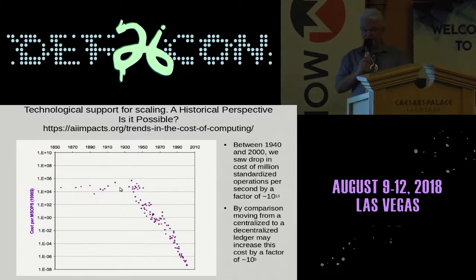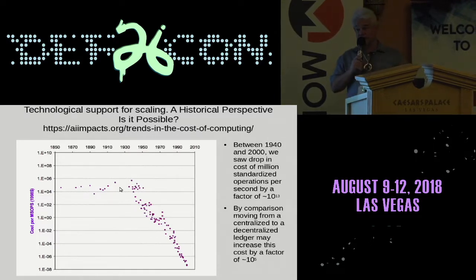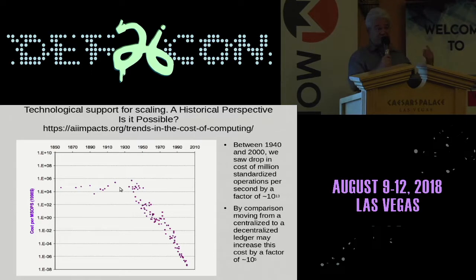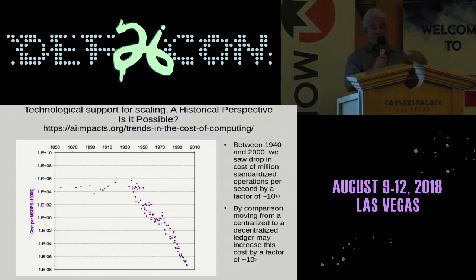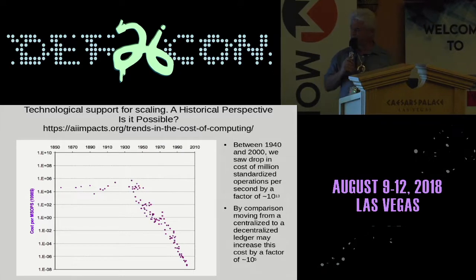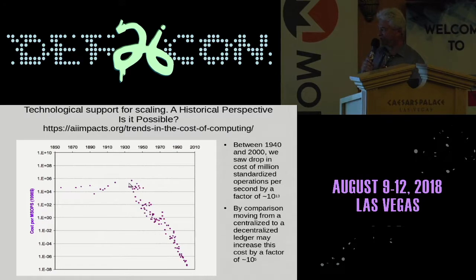And these have profound implications to how we do finance, to how we do banking, to how we keep track of our money, and to a lot of the technologies we use today in centralized ledgers. And it's quite significant in various ways. If you look before about 1940, i.e. during the Second World War, basically it was a flat history.